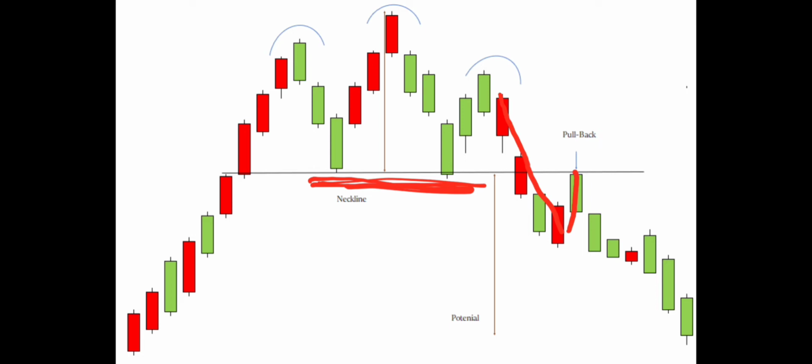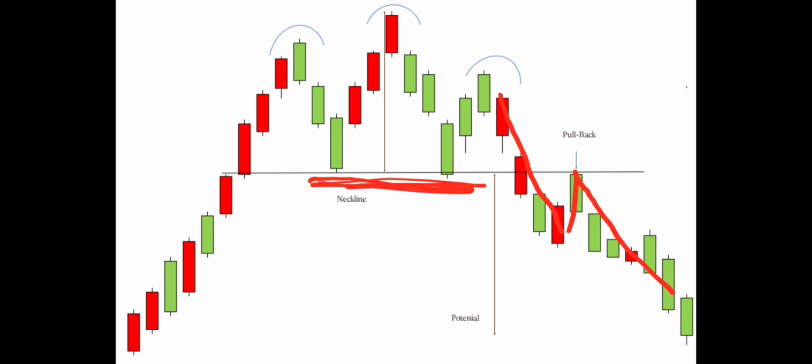So it's going to retest at the neckline before it starts moving down. Then that is when we can enter the market. Our point of entry is at the pullback. The pullback is evidence that price will continue in the downward direction. Then it is safe for us to enter the market and make our money.